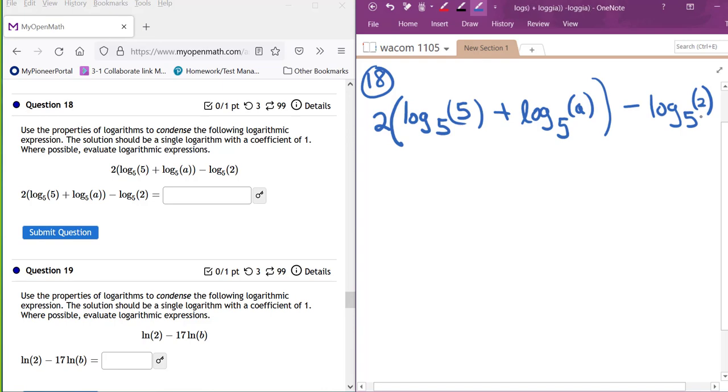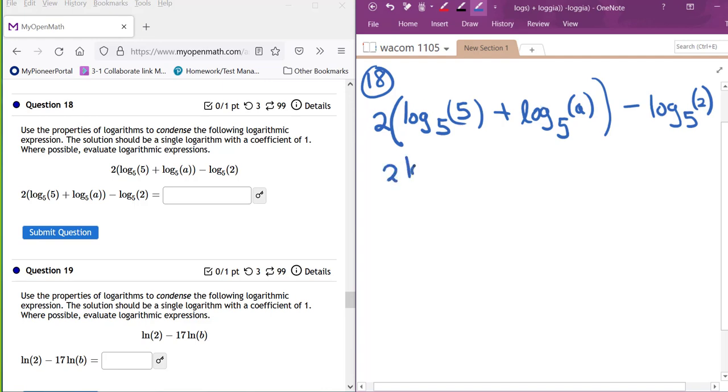Right, and so this 2 is going to apply to both of these and go back as an exponent. So you could distribute it. Might be clearer if you did that.